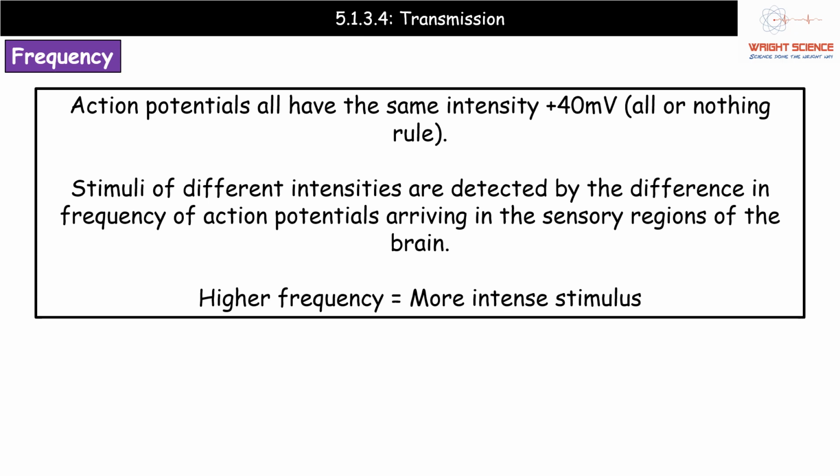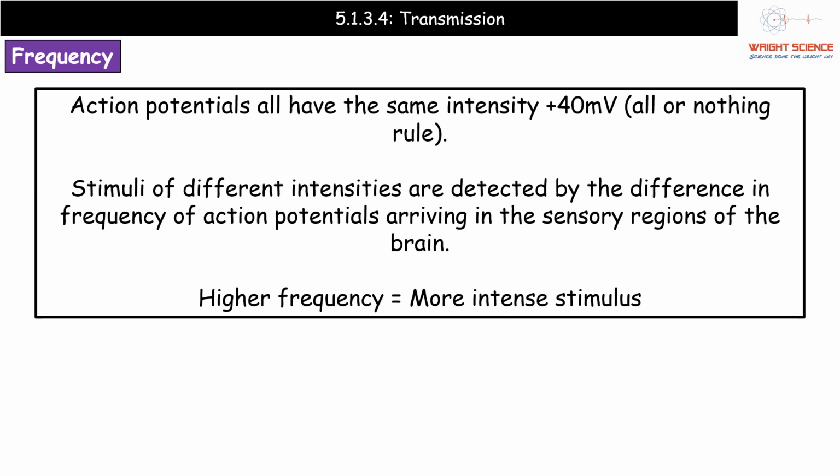Now, one thing that hopefully we do know is that in terms of our understanding of different stimuli in the body, they're not all the same. We understand that there are different strengths of stimuli somehow. And the way that we can do this through this all or nothing rule is by having different frequencies of action potentials.